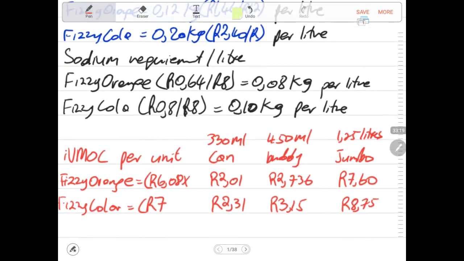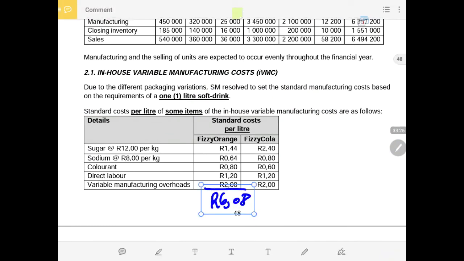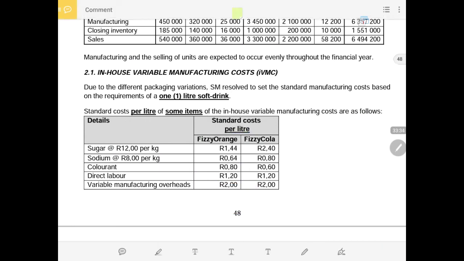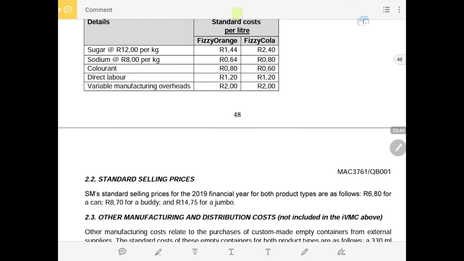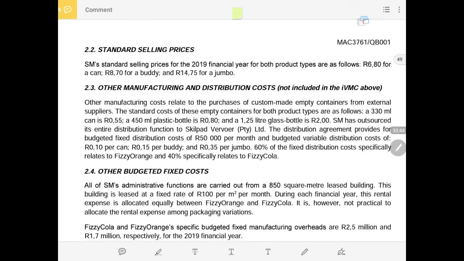Then we continue to the next information that is provided to us. I was just analyzing and unpacking the information which is provided to us per liter, standard information per liter, which was not per unit. Now I had to convert it to per unit for each of the product types and our product variation. Then we move further, analyzing 2.2, which is the standard selling price.